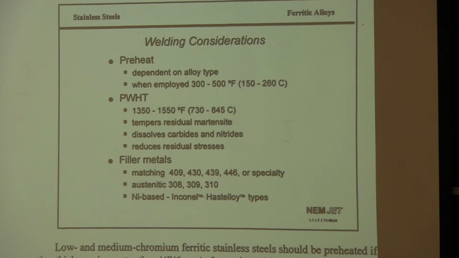Basically, if you're trying to improve ductility and toughness and things like that, is when you would use the austenitic or the nickel-based alloys.